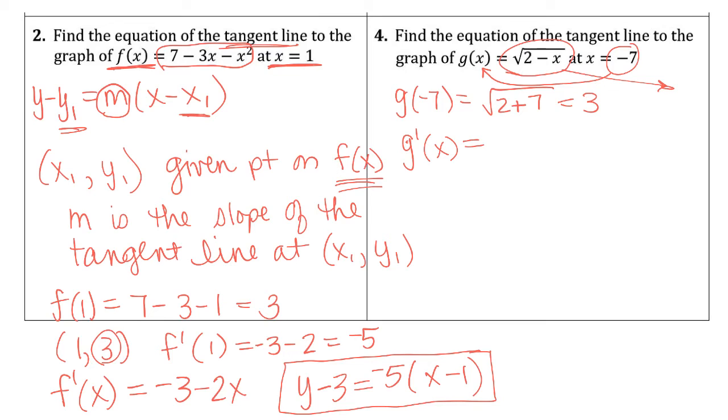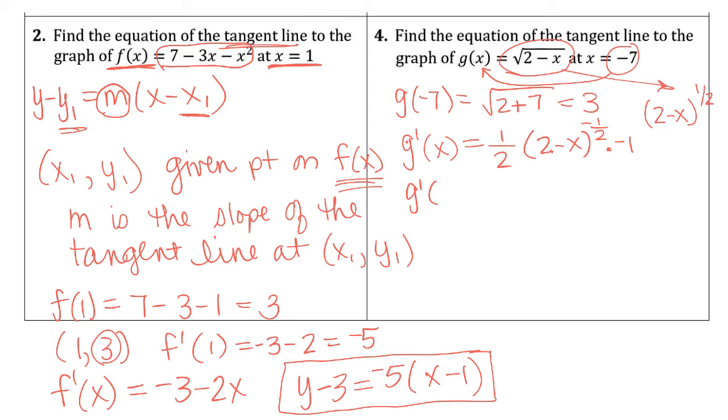So we're going to have 2 minus x raised to the 1/2. And now we're going to do our power rule. So we're going to have 1/2 times 2 minus x to the negative 1/2. And then we have to come back and do the derivative of the inside, and the derivative of negative x is negative 1.